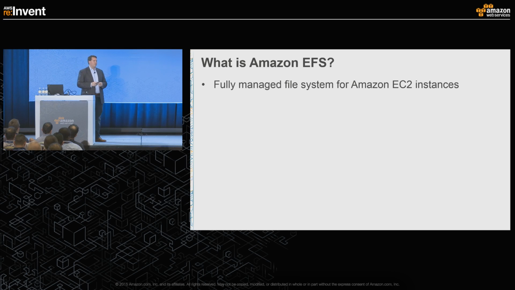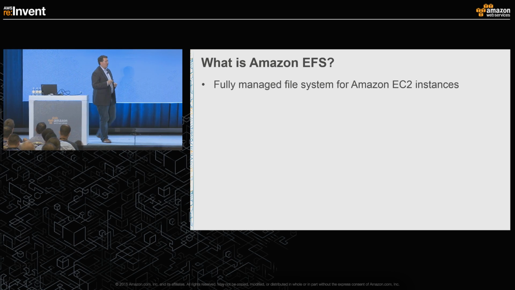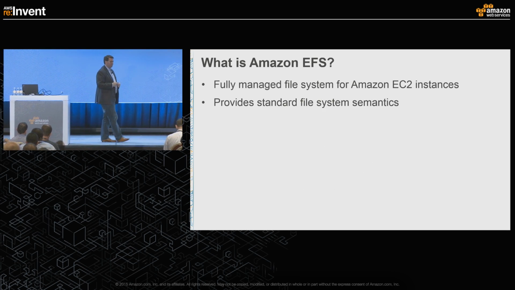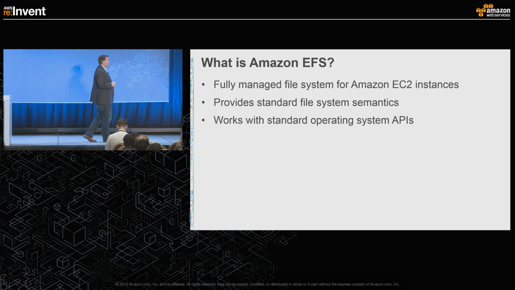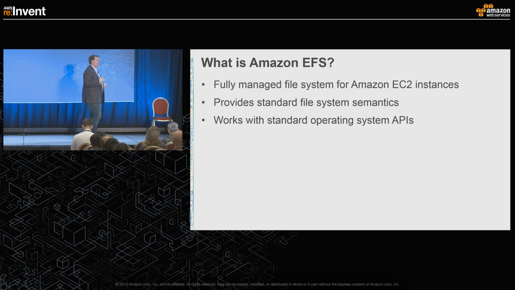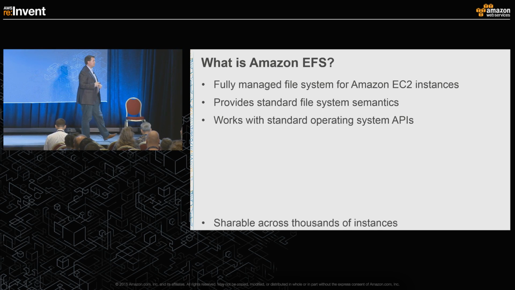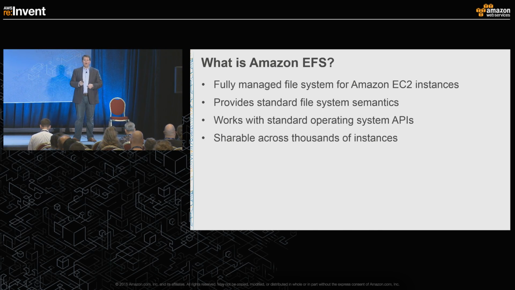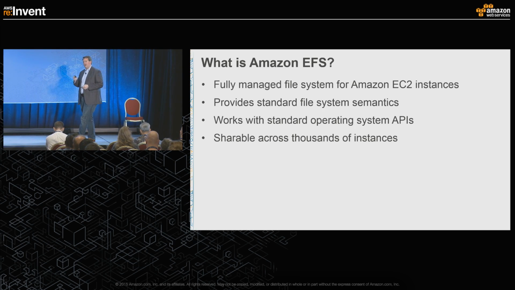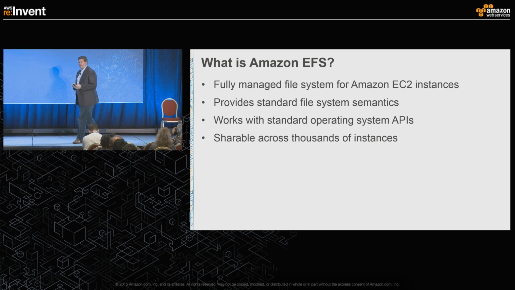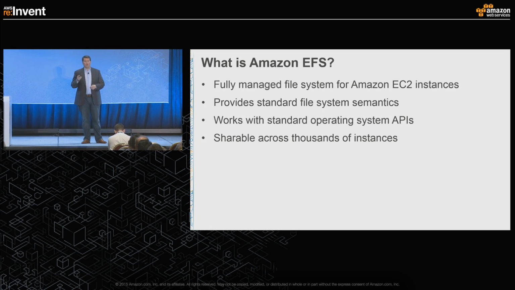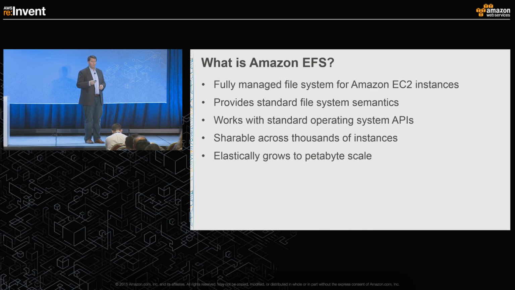EFS is a fully managed file system for Amazon EC2 instances. It provides standard file system semantics. It works with standard operating system APIs. It's shareable across thousands of EC2 instances. Another talk is being given down the hall here that I'll refer you to, an organization that just did a 40,000 core run against a single file system.